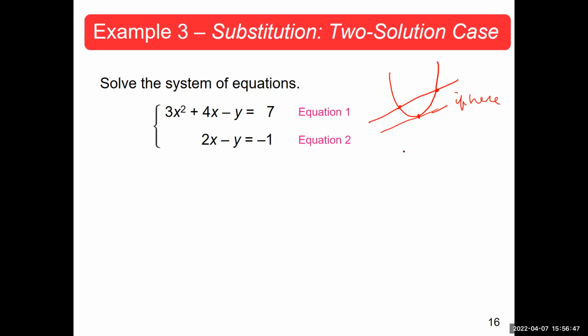Now, if I move it further, no intercept. So you get 3 scenarios: either 2 points, or one duplicated point, or no point. We don't know that until we solve the system. Again, the same thing. The method is to find one variable, easy to isolate, and plug it into the other one.